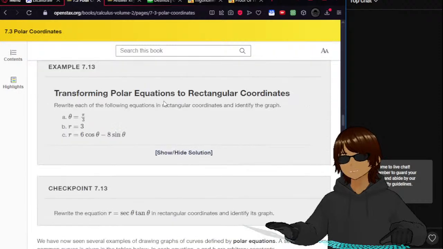Transforming polar equations to rectangular coordinates. Rewrite each of the following equations in rectangular coordinates and identify the graph. Theta is equal to pi over 3. Where is R?